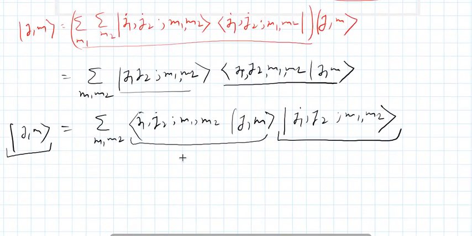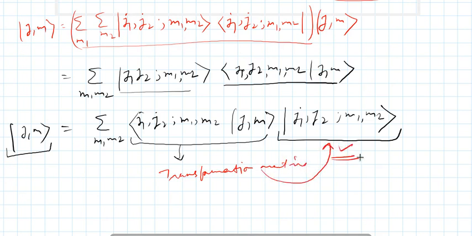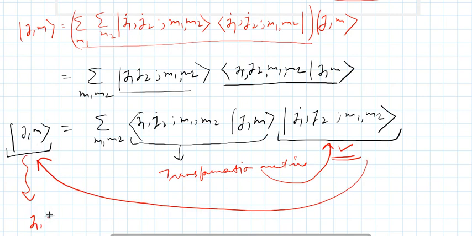That means if I use this as a transformation matrix, and this transformation matrix acts over this state vector, the resultant will be this vector, which is nothing but |j1, j2, j, m>, right? So this is a transformation matrix that connects these two.